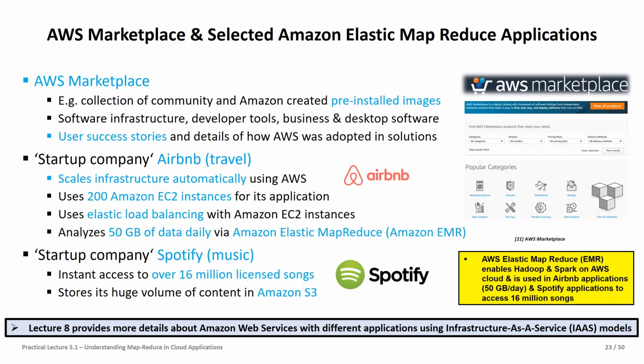And also here we see they use it definitely for different purposes, while Spotify, for instance, takes the S3, the scalable storage here. Basically, Airbnb is using the Amazon Elastic MapReduce I talk about today to analyze really 50 gigabytes of data daily, for all the hotels and the bookings and so on. And of course, they can scale up, can scale down.